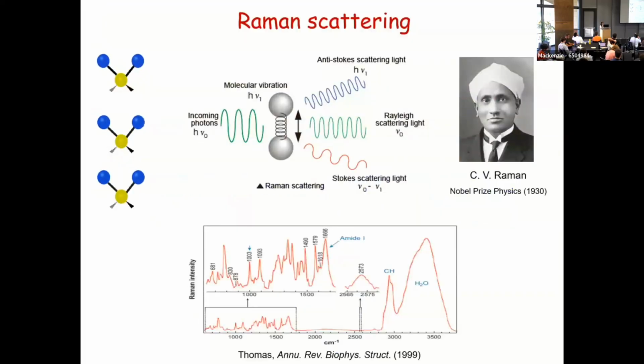So I think a lot of people have talked about Raman in this seminar, and same comments. This technique developed by Dr. C.V. Raman and awarded the Nobel Prize really includes a lot of rich chemical information in the spectroscopy, which you can see here.